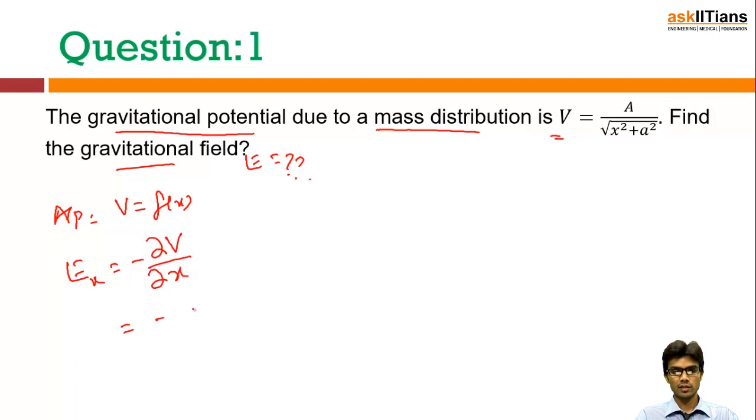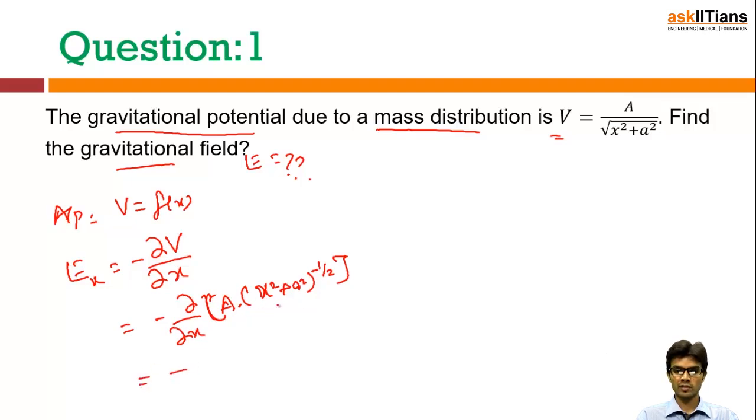So we just differentiate this V: dou by dou x of a into x square plus a square to the power minus 1 by 2. We have to differentiate this with respect to x, a partial derivative.